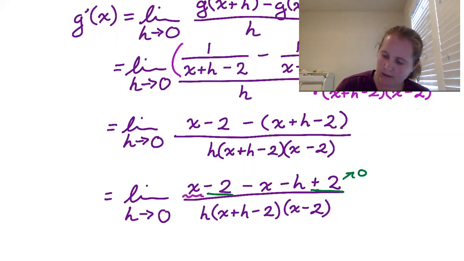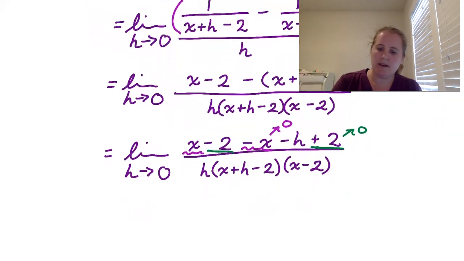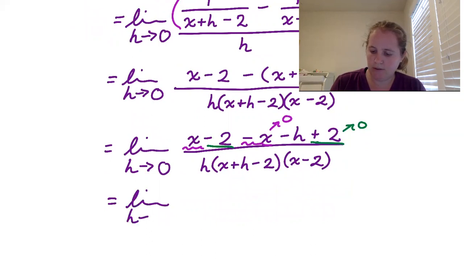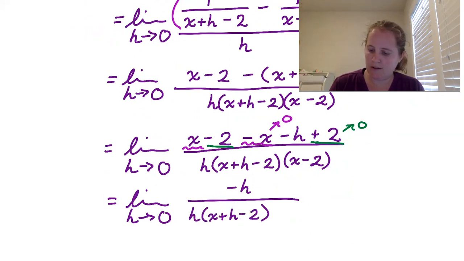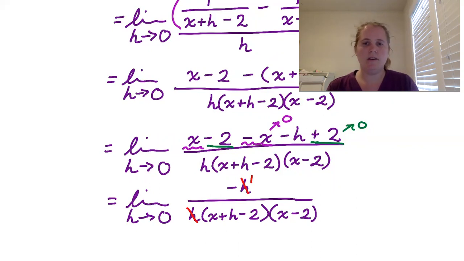We have a positive x minus x situation. Those cancel each other out and give us 0. And so up top, we are simply left with negative h. So this now becomes the limit as h goes to 0 of negative h over h times x plus h minus 2 times x minus 2. At this point, we can cancel out our h's. Up top, we're just left with a negative 1.